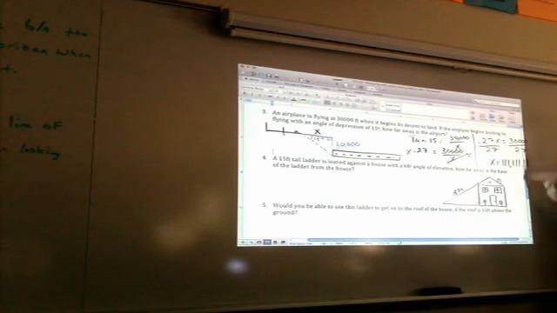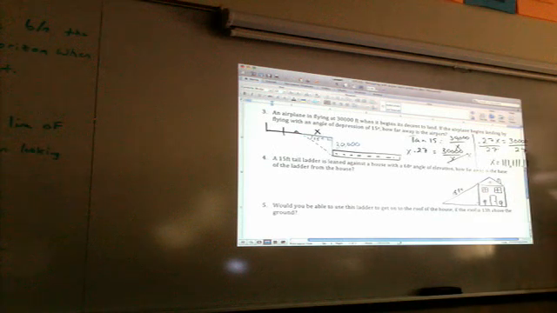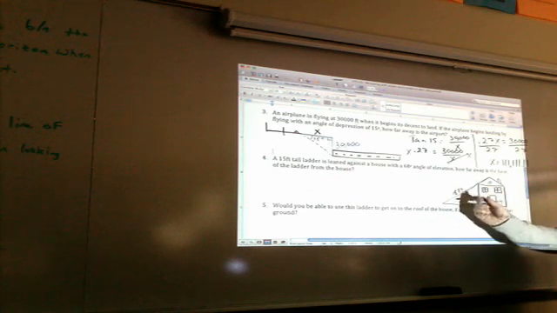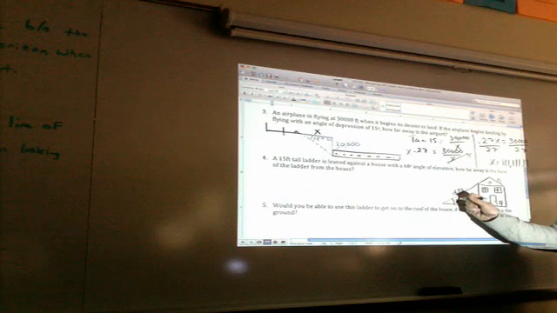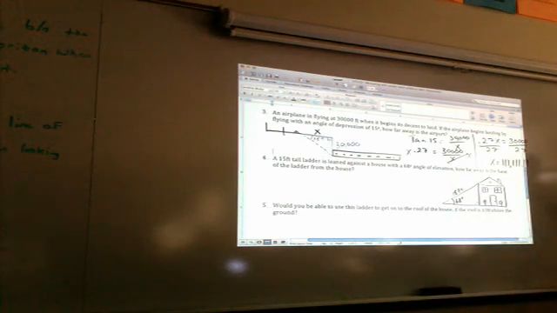Now, it says the angle of elevation is 68 degrees. Is that 68 degrees up by the roof or down by the ground? Down by the ground, right? Because the angle of elevation is looking up. I start here and look up to see the roof, so this is my 68 degrees. We want to know how far away the ladder is from the house.